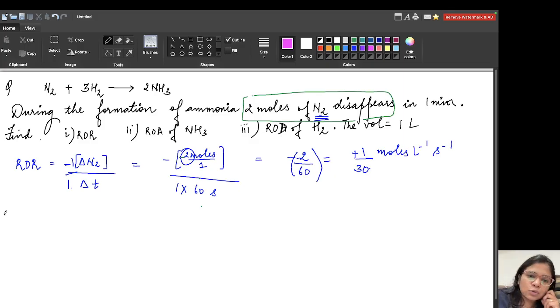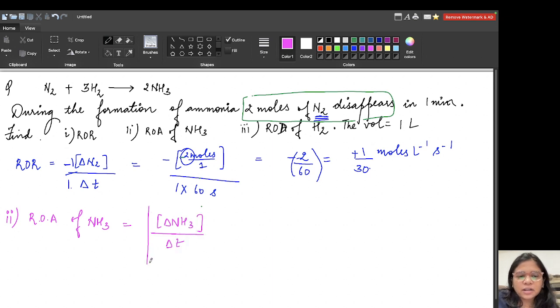Then what do you need to find? The second part tells you to find the rate of appearance of NH3. What will be the rate of appearance of NH3? Rate of appearance will be the modulus of delta NH3 by delta T, right? Now, how do we find the rate of appearance?